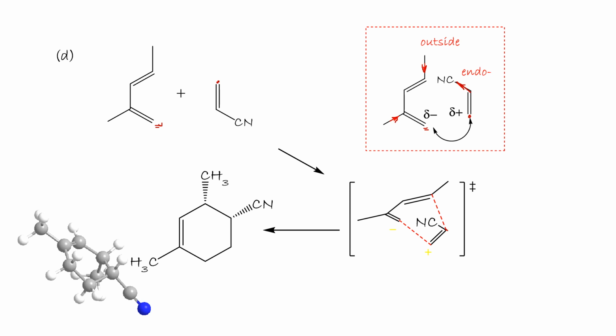So the cyano is endo, so it will be down. CH3, this one is outside, so it will be down. This one is on sp2 carbon, so there is no up and down. And the relation between these is cis, they are on the same direction. Okay?